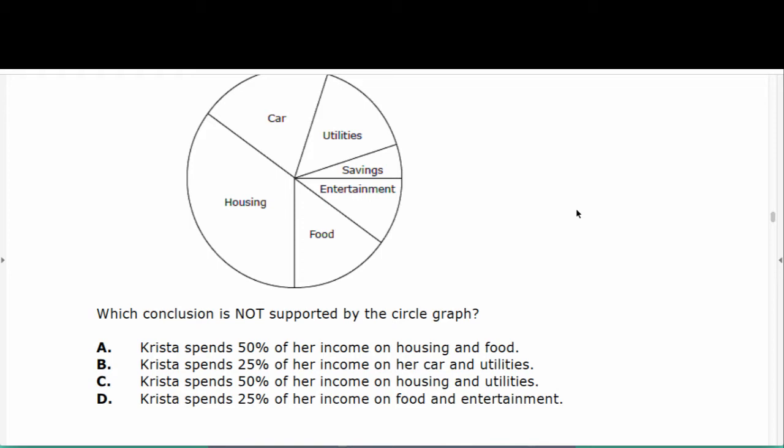A. Krista spends 50% of her income on housing and food. B. Krista spends 25% of her income on her car and utilities. C. Krista spends 50% of her income on housing and utilities. D. Krista spends 25% of her income on food and entertainment.